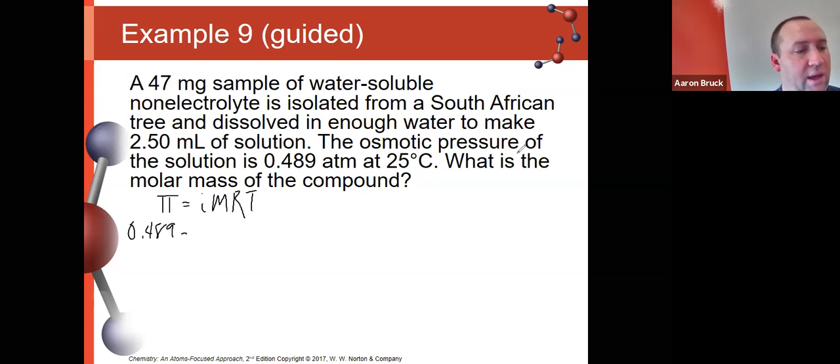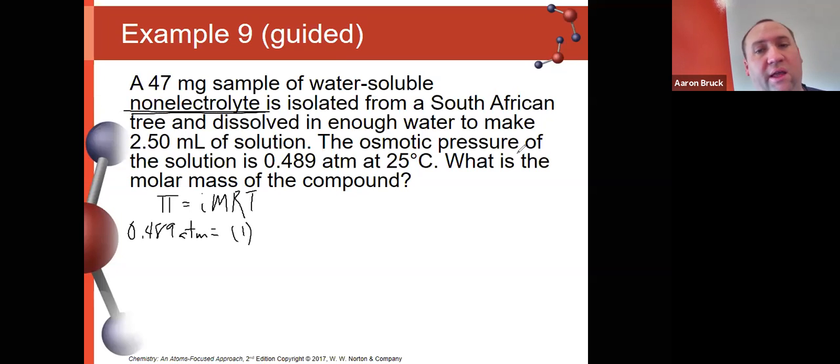0.489 atmospheres. The value of i is 1, because we are told that it's a non-electrolyte solution, which means that every molecule dissolved gives just one particle in the solution. We don't have any splitting or dissociation going on. We do not know the value of M, that's what we're trying to find.